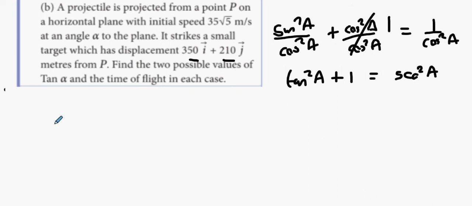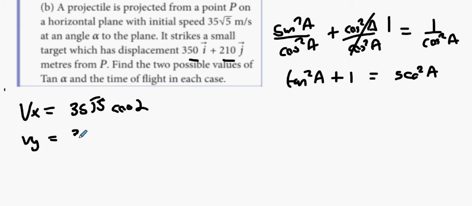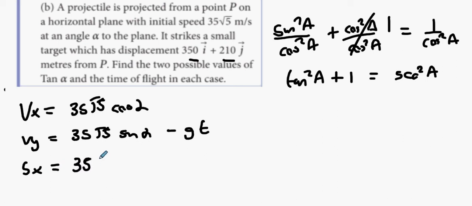Alright, so phi x equals u cos A. So what's that going to be? 35 root 5 cos alpha, cool with that. Phi y, 35 root 5 sine alpha, and please remember your g t. Sx, 35 root 5 t cos alpha.